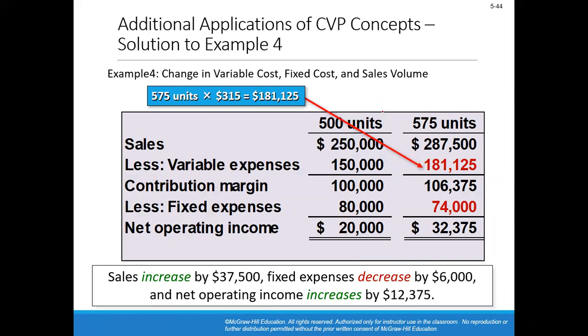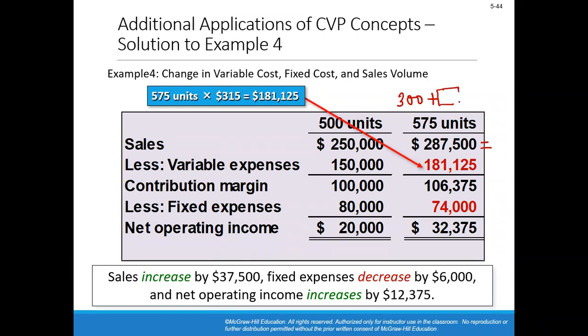Our sales is now 575 units. Our sales price remains the same, $500 per unit. So 575 multiplied by $500, you will get 287,500. But our variable expense has gone up from 300 to how much?